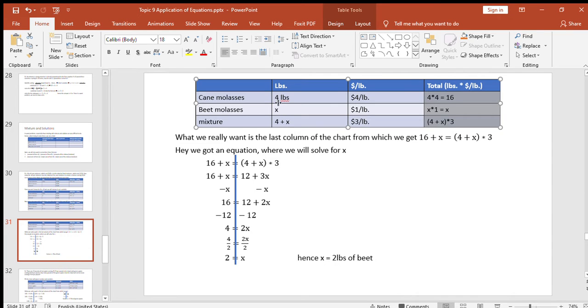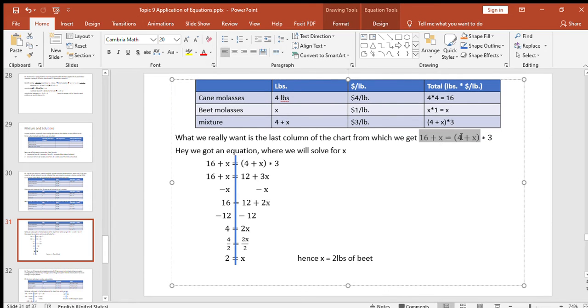Likewise, how we find the pounds for the mixture, we just add 4 and x. To find the total for the mixture, we add 16 and x together. So that gives us an equation. The equation is 16 plus x is equal to 4 plus x times 3.